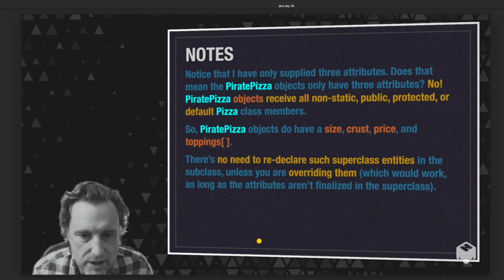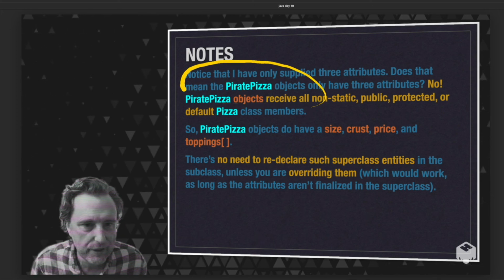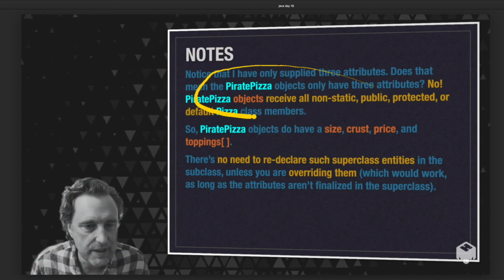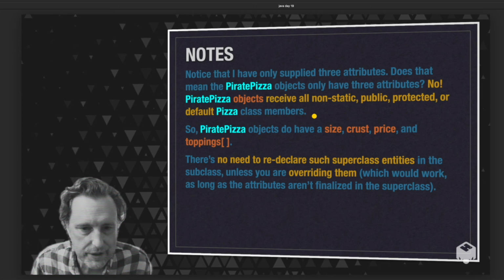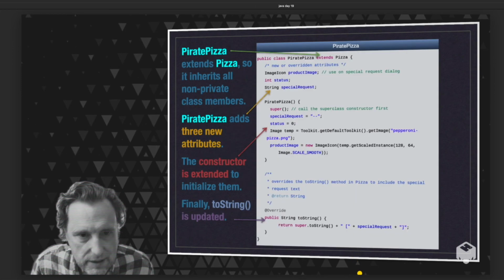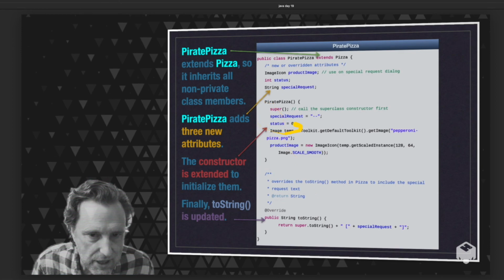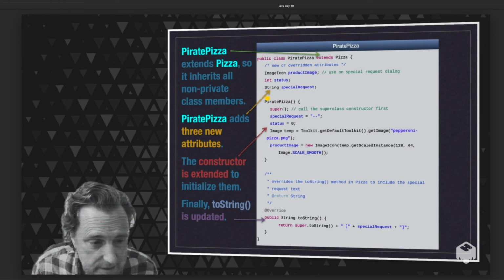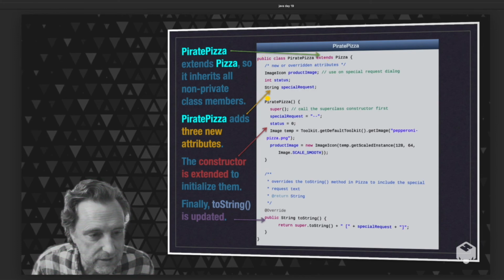You should see the keynote, the notes keynote. If people get confused, it's that they see in PiratePizza, I've only declared 3 attributes. So if we go back, PiratePizza has just got special request, status, and product image. It doesn't have price. It doesn't have crust style. It doesn't have size.